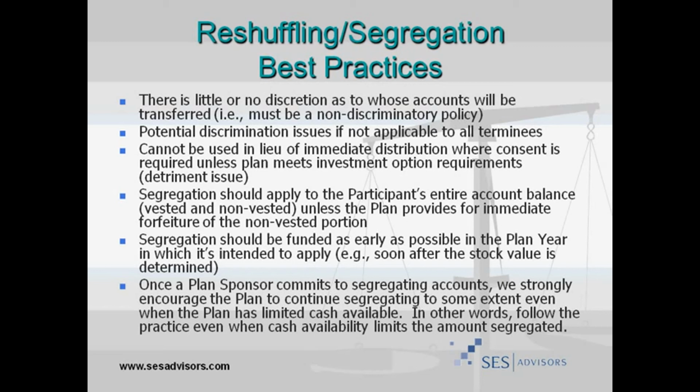So it's not something you can pick and choose who gets segregated, who does not, whether that's good or bad in your current context. You have discrimination issues if you don't apply segregation reshuffling to all terminees. It cannot be used in lieu of immediate distribution. You can't use it as a penalty to try to coerce someone to take a distribution.